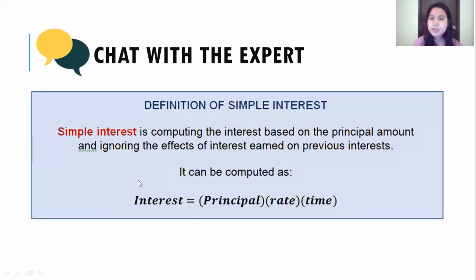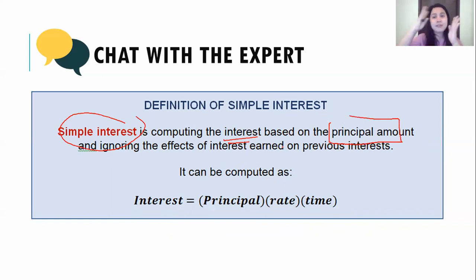Now, how do we define simple interest? Simple interest is computing the interest based on the principal amount. Again, in simple interest, we just base the interest on your original capital.